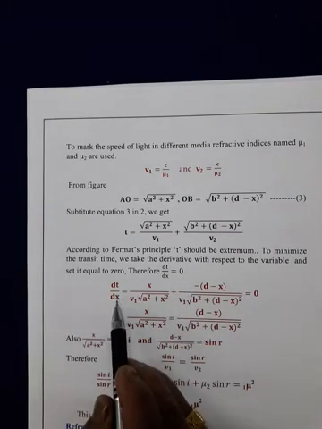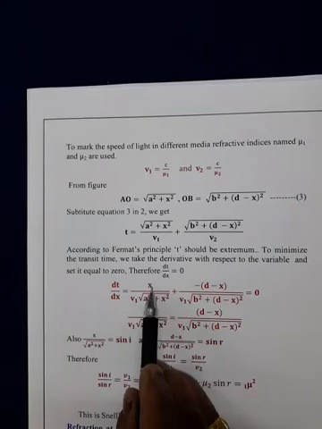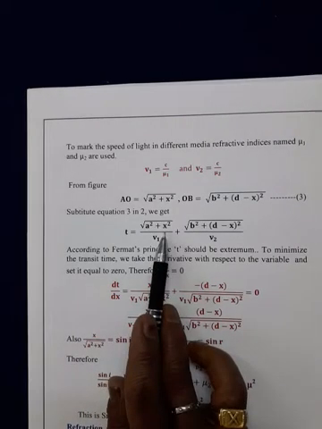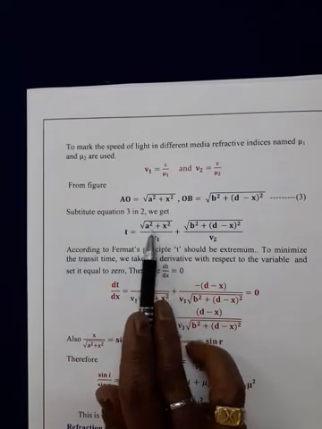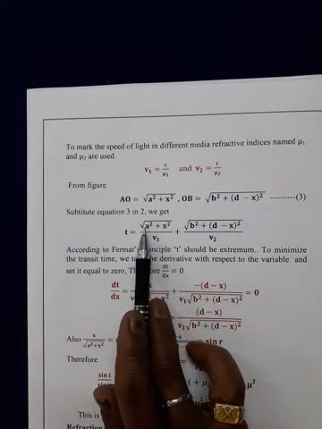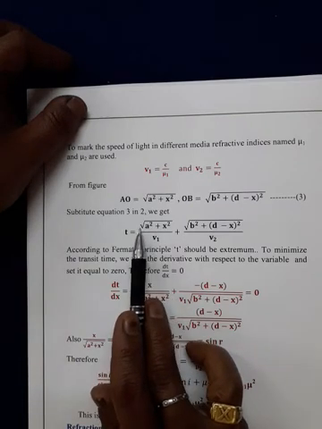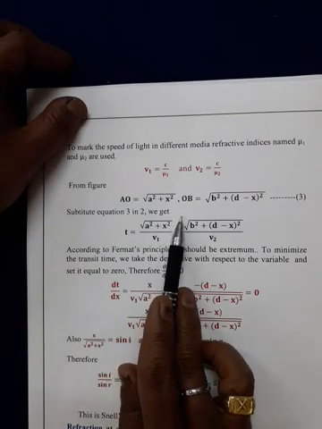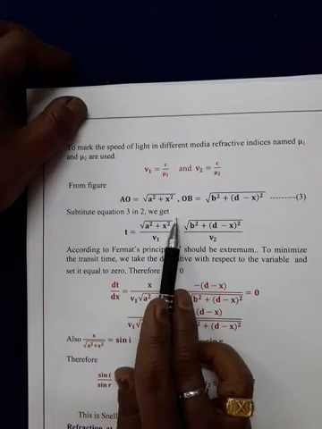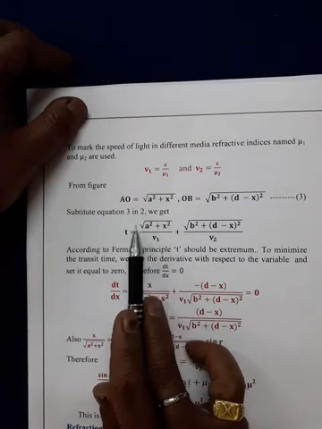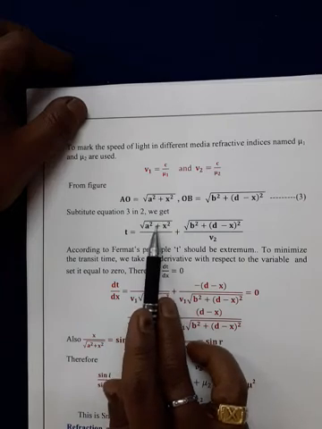So dt by dx equals this part. The differentiation of root x becomes 1 divided by 2 root x into 2x, where the 2 gets cancelled. So the remaining term is x divided by under root of a square plus x square.